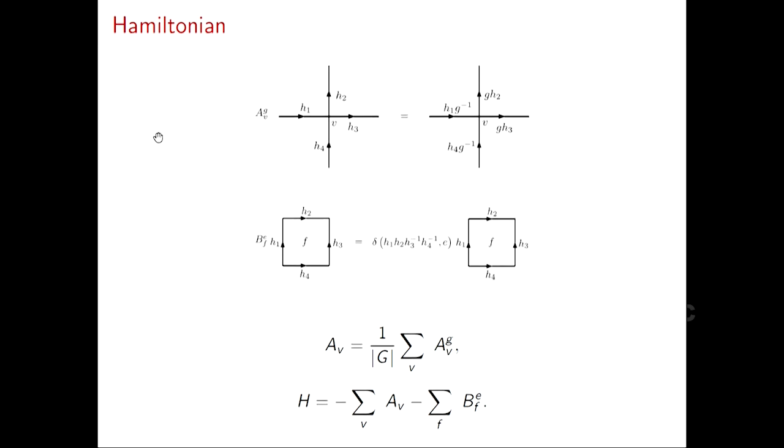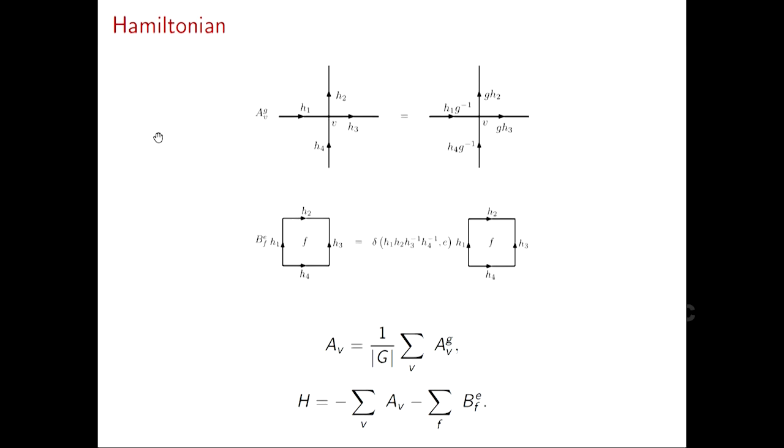Okay, and after computing this flux, I will check if it's getting projected to the identity element, which I show here by e. In the same way, I can define other flux operators which project to other elements of the group. And by construction, this B_F is also a projector.